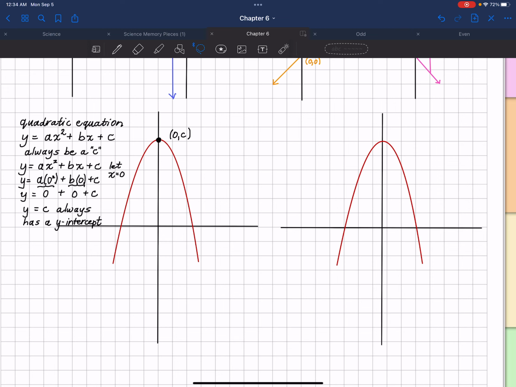And this time I'm going to do some moving around. Okay. So in this case, let me just go ahead and show you. There are 2 x-intercepts right here. So this has 2 x-intercepts.